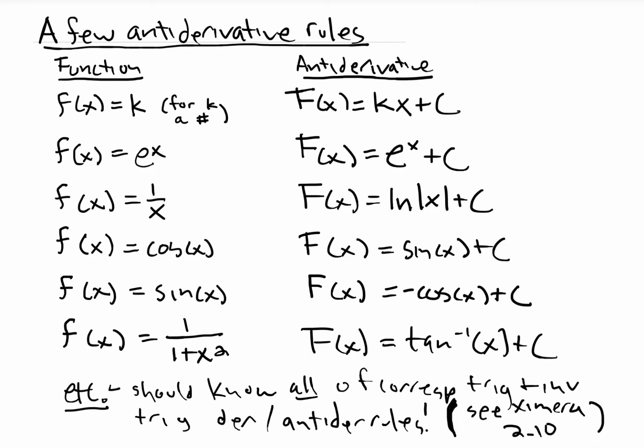This was the official list of all of your derivative rules in one spot. Basically just look at this and think of it backwards, right? If you want a list of your trig and inverse trig antiderivative rules, just look at the derivative rules for those trig and inverse trig functions and just think about them backwards, right?